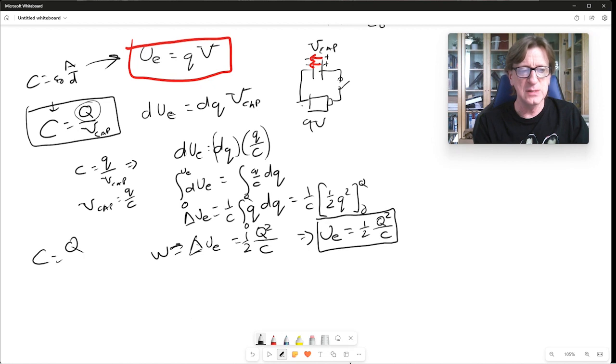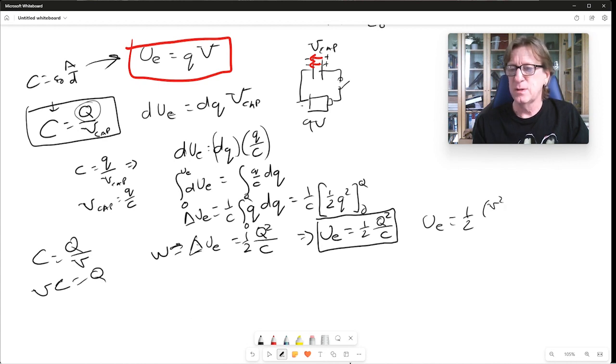So C is Q over V, where V is the voltage in the capacitor once it's fully charged. And so that means that C times V is going to be equal to Q. So I'll plug that in over here, and I get UE is 1/2 V squared C squared divided by C.